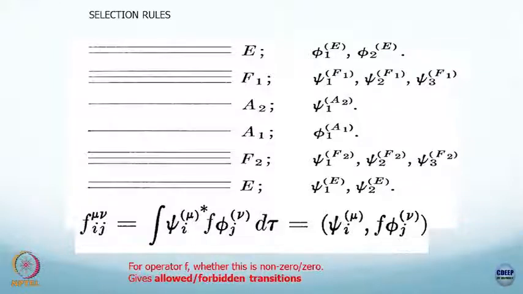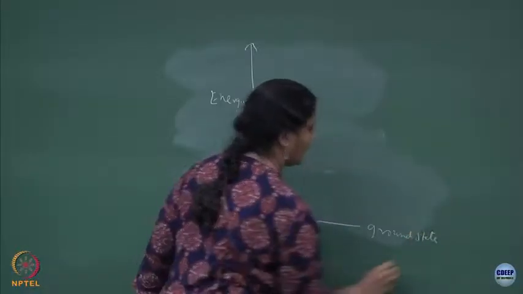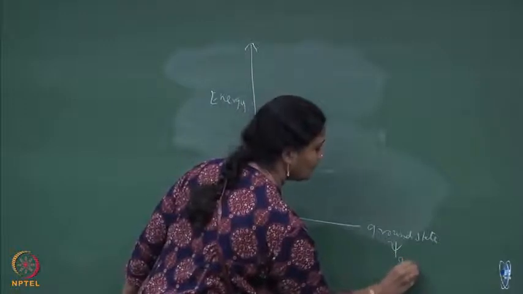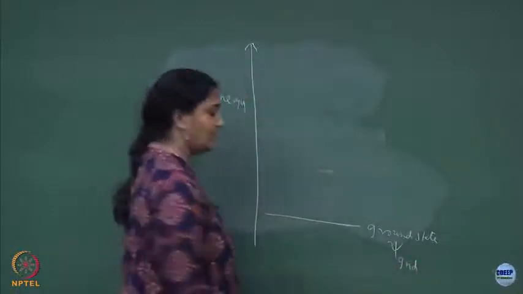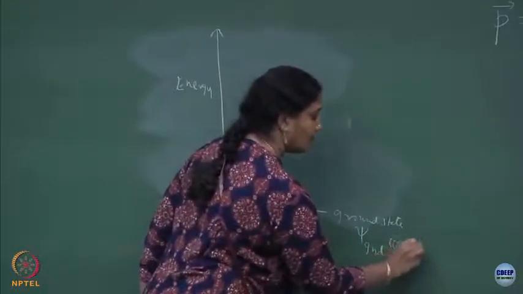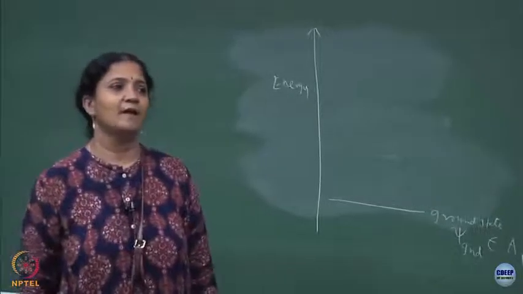You have a ground state, let me call it psi ground, and it belongs to the A1 irrep, right.